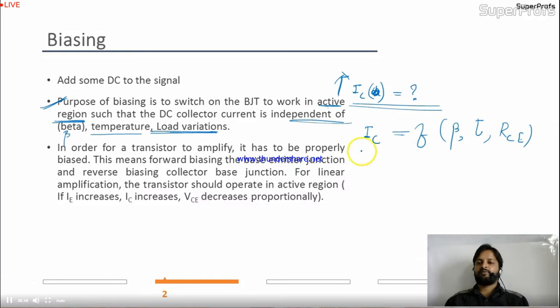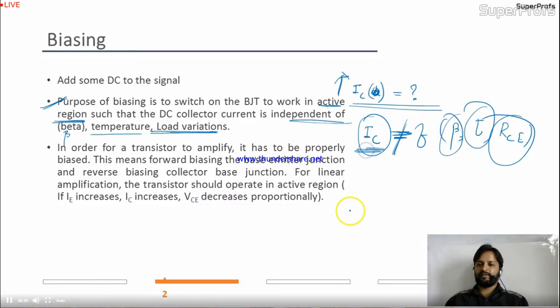But what we have to do is keep it constant. So we need to develop the device in such a way that IC is not affected by beta, temperature, or load variation. IC should be constant, then only amplification is possible. IC should not change.